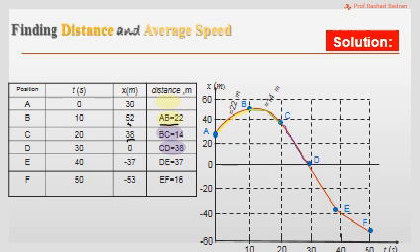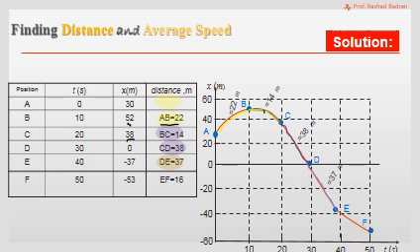So the difference between B and C is 14. Then we'll put it on the curve here, BC. And likewise, CD is 38, and we put it on the curve.